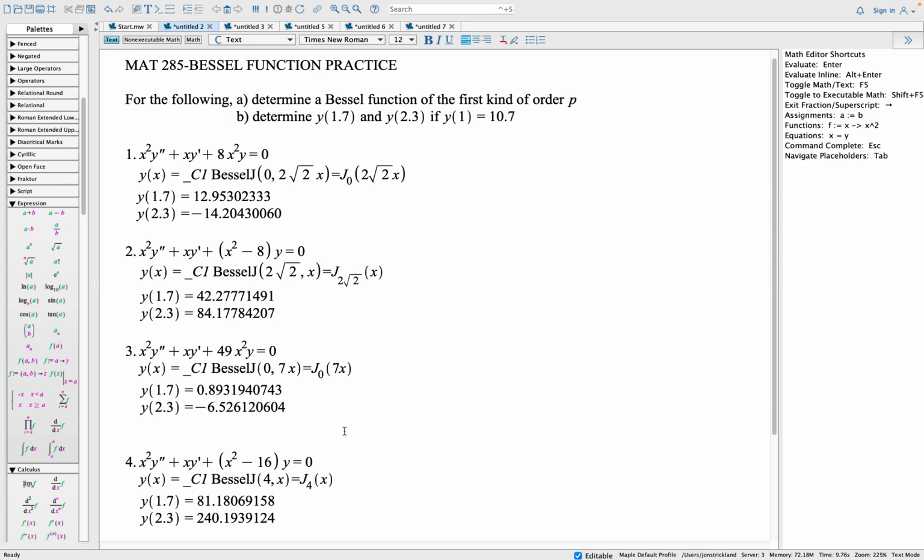And for the last equation, we have a fourth order Bessel function of the first kind, and so we end up with J sub 4 of x as the general solution, and we have y of 1 at 10.7, y of 1.7 at almost 81.2, and y of 2.3 at almost 240.2.